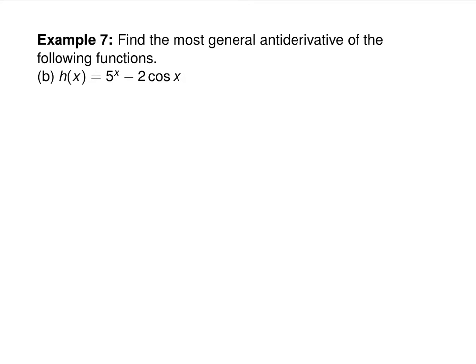What about this one? Capital H, antiderivative of 5 to the x. 5 to the x over ln 5. And is minus 2 sine x correct? I always just do it and then check by taking a derivative. Yeah, sine's derivative is cosine, we're good.